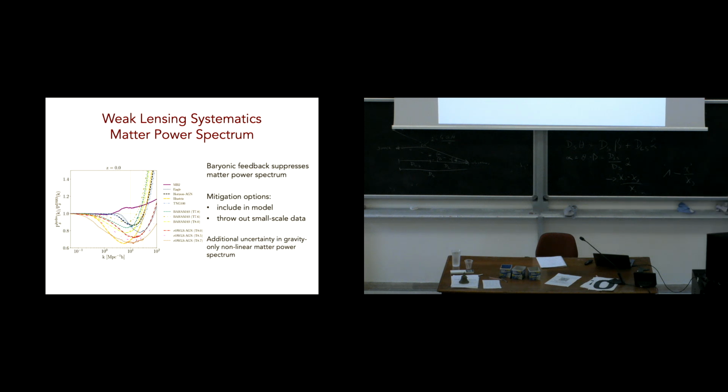So at k of 10, that's of order 20 to 30% differences in the matter power spectrum. Two ways to deal with this. We could include them in a model or throw out all the small scale data. And I'll talk about those two options later. Of course, then additionally, there's uncertainty in the gravity-only nonlinear matter power spectrum that we somehow need to grapple with.